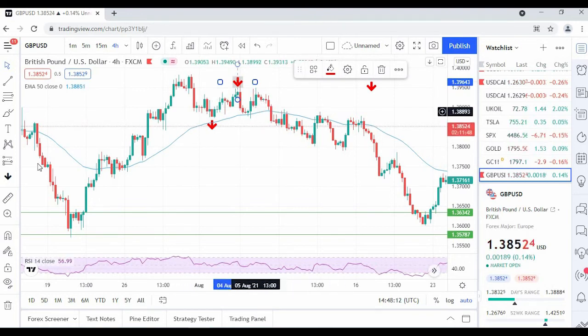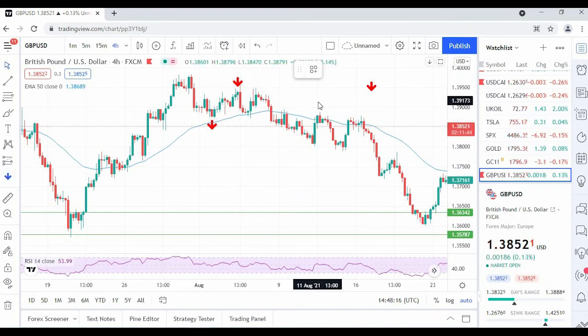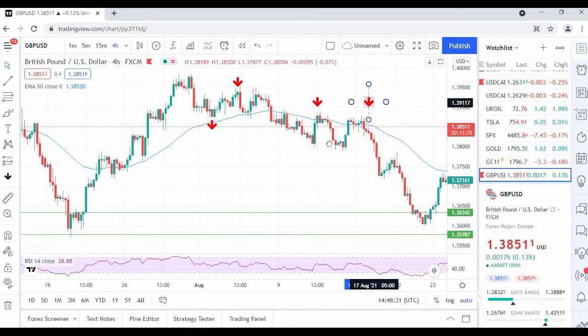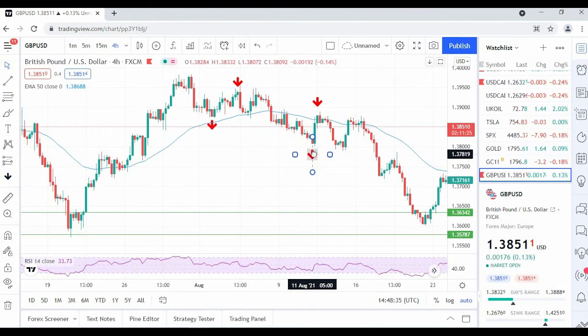So when you come down to this level now, right, that is where the trend creates another lower low, right? The trend creates another lower high, sorry, right? And then right here, this is where the trend becomes valid, right?